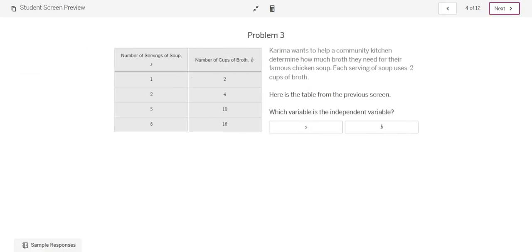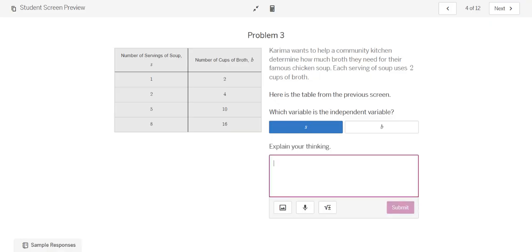So which one is the independent variable? The independent variable is the servings of soup, because the number of cups of broth depends on how many servings of soup there are.